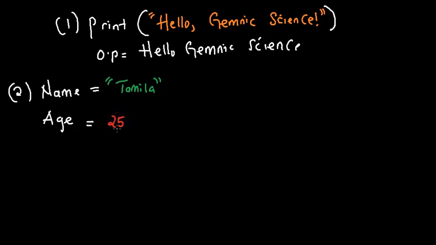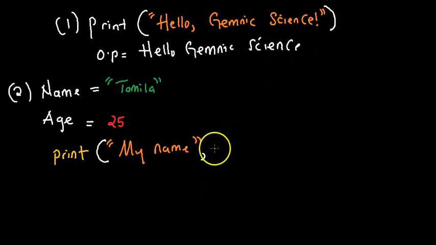So on Python, the print is going to be: print, open bracket, double quotation, my name, double quotation, and here is going to be comma. You repeat the same word, which is name. It's okay to do that.